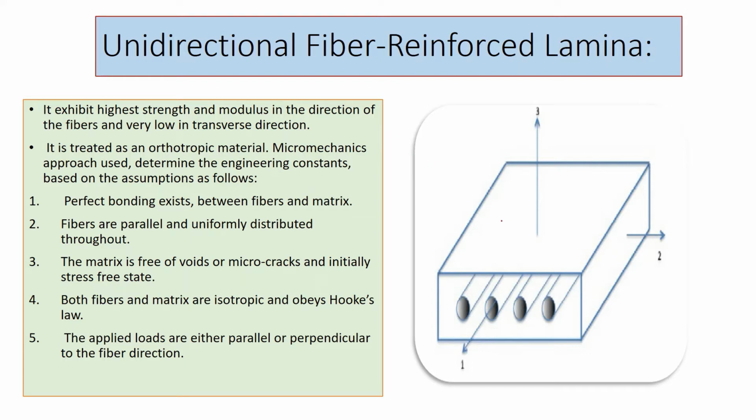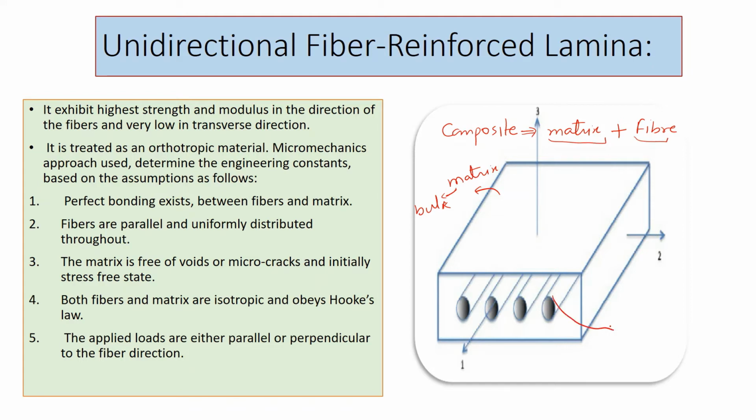A composite is a combination of two materials. One is the matrix, which is the bulk material in large amount, and the other material is fiber or reinforcement.